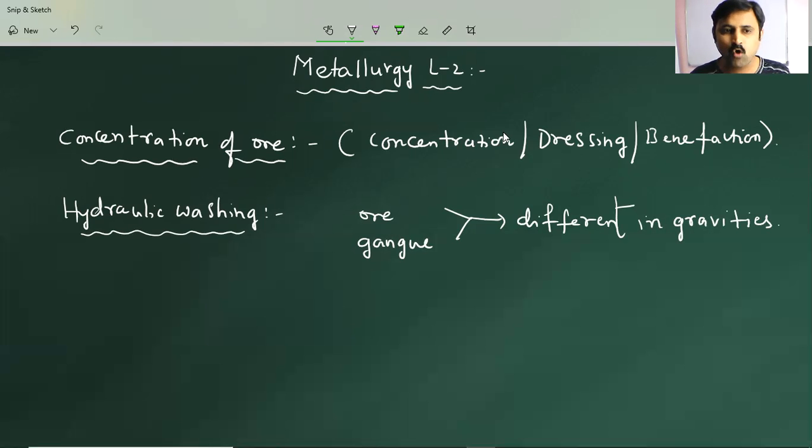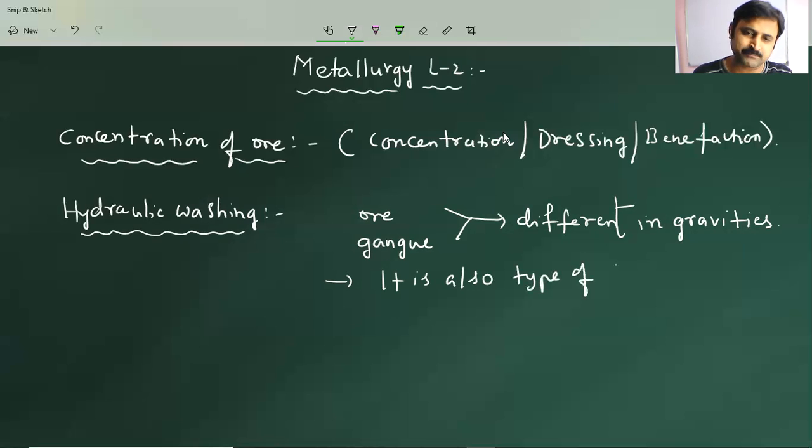That means we wash the ore along with the gangue particles. Depending on the gravity, ore and gangue particles will be separated out. That's why this is also a type of gravity separation, we can say the gravity separation method.